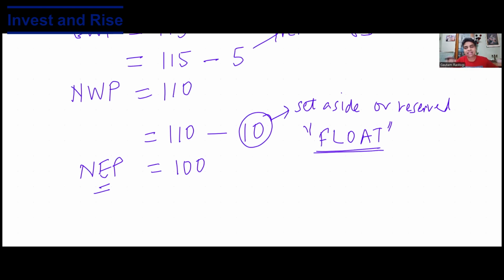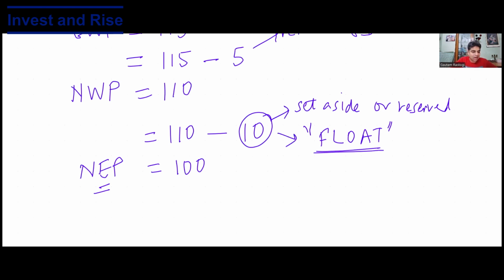They set aside to cover future claim payments. But on this float, on this rupees 10, they invest it and earn an interest on this money. ये पैसा उनका है नहीं. They'll have to pay it out eventually to cover future claim payments, but they can enjoy this 10 rupees for the time being because they'll invest it and earn an interest on it. Buffett calls it float, this 10 rupees.